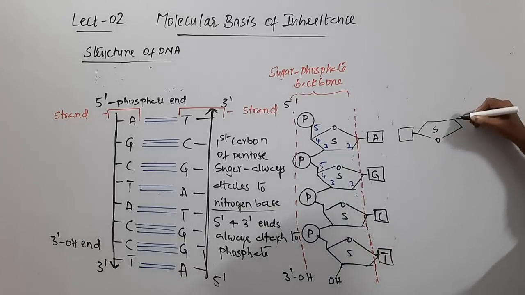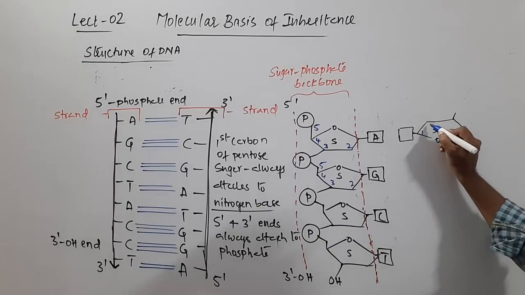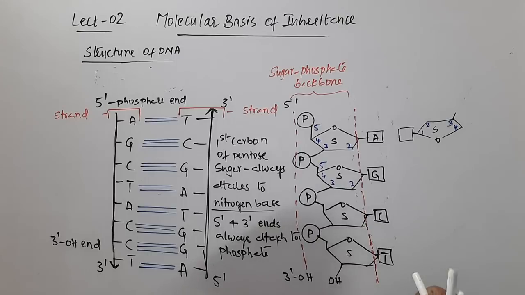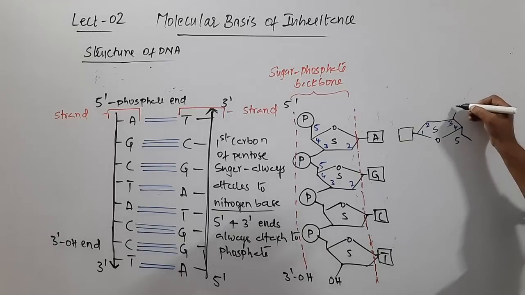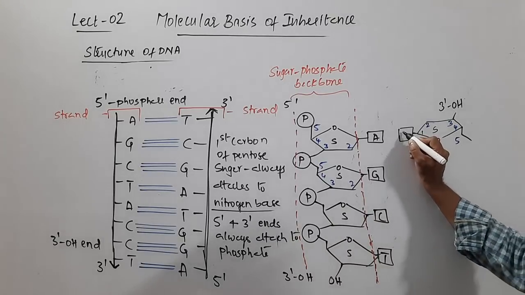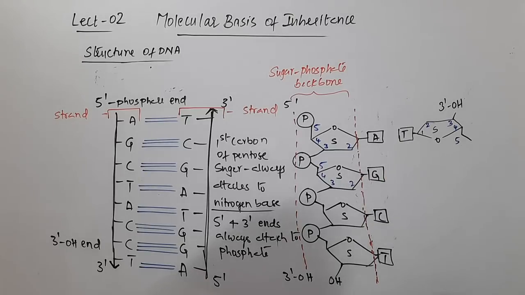This is the pentose sugar, this is the first carbon, second, third, fourth, and here we have the fifth one. At this end we have 3 OH, and this will be the thymine. We know that adenine pairs with thymine.